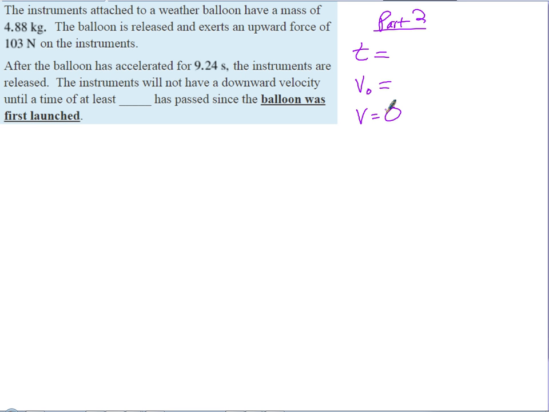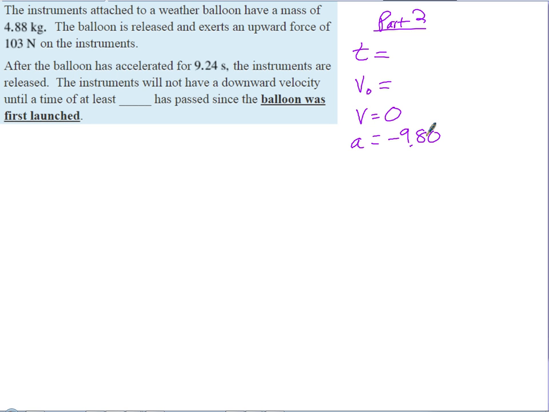And then what's probably the only other thing we need? Acceleration? Yeah, and what's the acceleration? Very good. And so we can use a pretty simple equation then to solve for t, can't we? Right, but we gotta get that v naught. Well, the v naught comes from part 1, and that's actually probably the harder part, right?